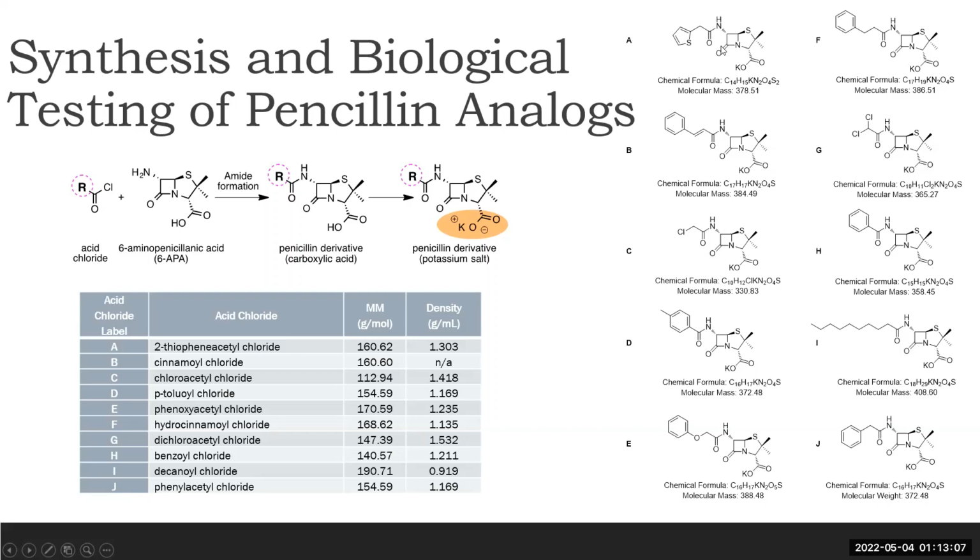A here would have a carbonyl and then a nitrogen, and then I believe a methylene, and then directly attached to a different aromatic ring.